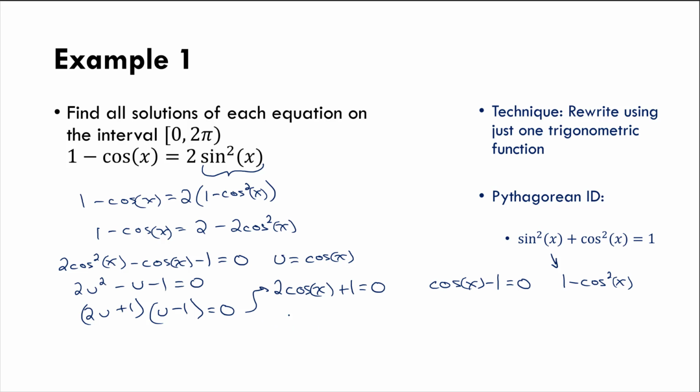When I do that, on this side I'm left with cosine of x is equal to negative 1/2, and in this case cosine of x is equal to 1.